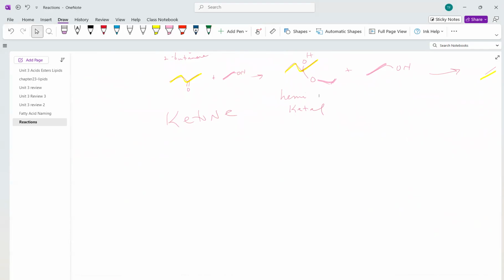Okay, so let's do some acetal reactions. That was a ketone reaction. Let's do some acetal reactions. Okay, what is that?